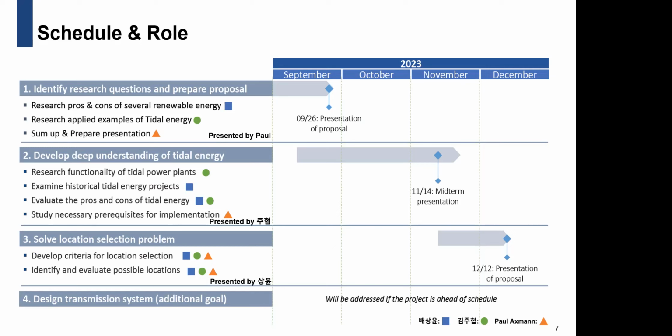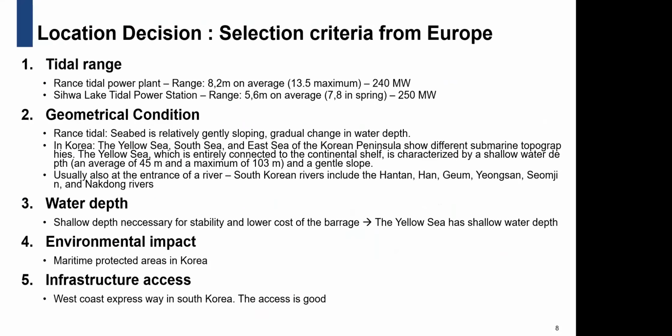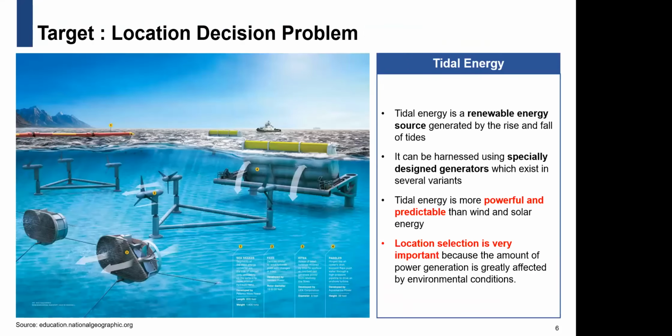Let's see the slide before. This one, the picture. From this picture, I see tidal power generation has two types. One is a dam type, the other one is open channel type. This looks like open channel type, right?